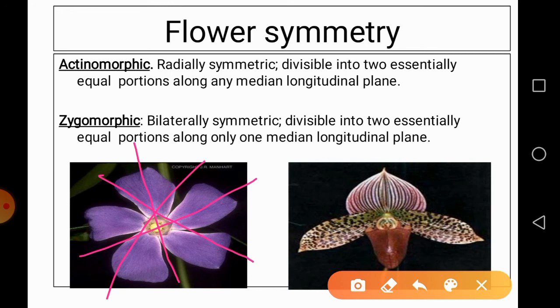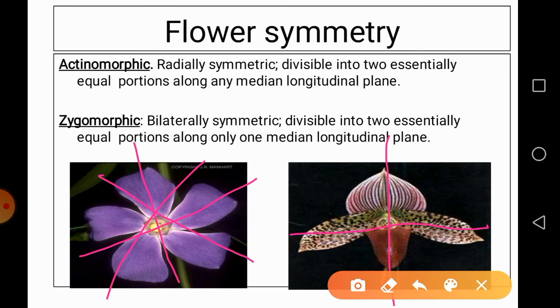Then second one is zygomorphic or monosymmetrical or bilaterally symmetrical. It means your flower can be divided into two equal halves by only one vertical division. So in this case you can see, if you cut from this direction, then only you will get two similar halves or parts of the flower, but if you are going to cut from this direction, you will not get the symmetry.